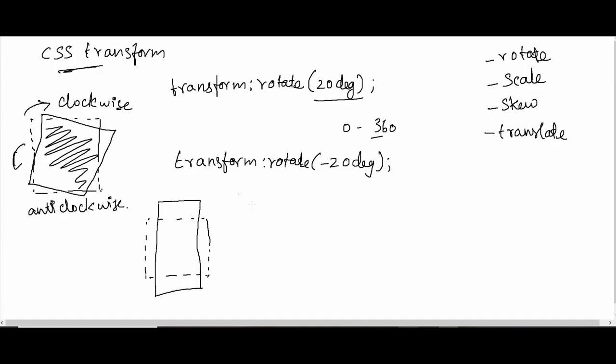So this is scale. For scaling also we can mention it as transform colon skew. Oh sorry, this is not skew, this is scale. Scale, we can give scaling for x or y direction.